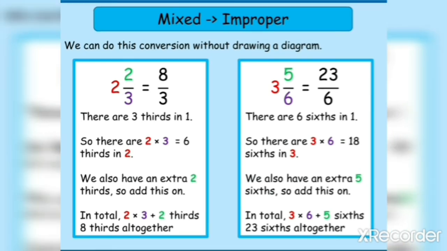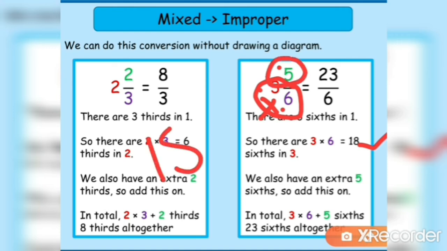Let's have another example. Here we have 3 integer 5/6. What to do? Multiply these two numbers. 3 6s are 18. So we got 18. Now add 5 to it. 18 plus 5 will be 23.